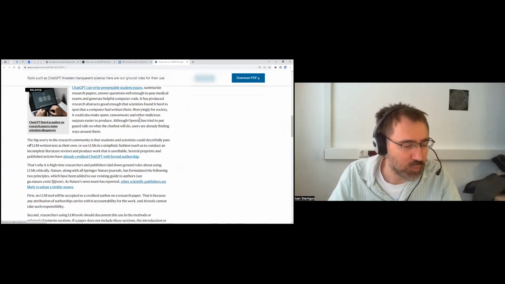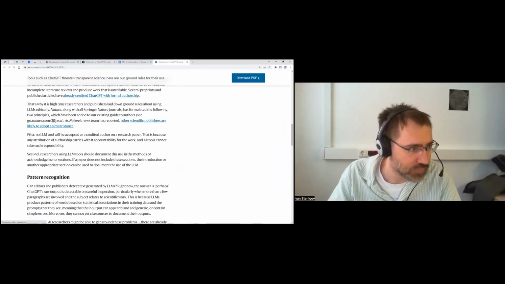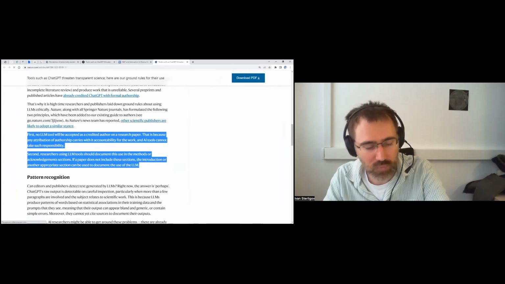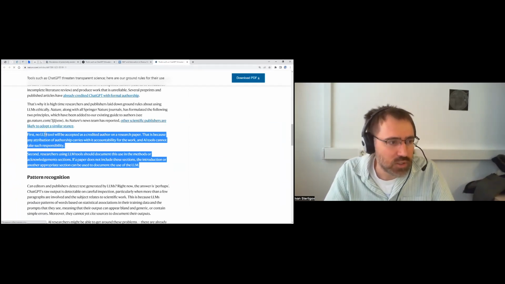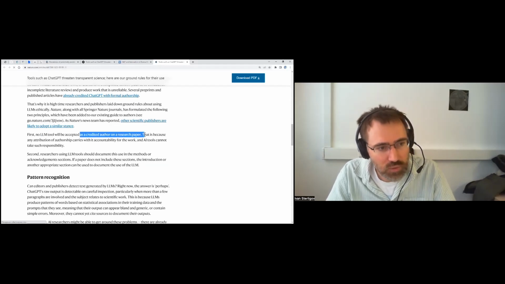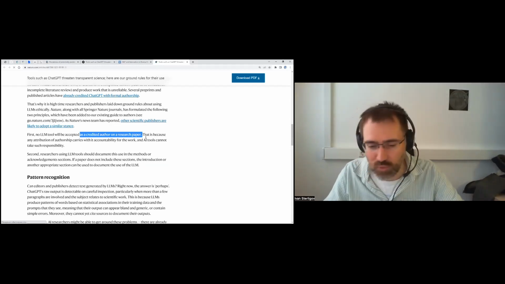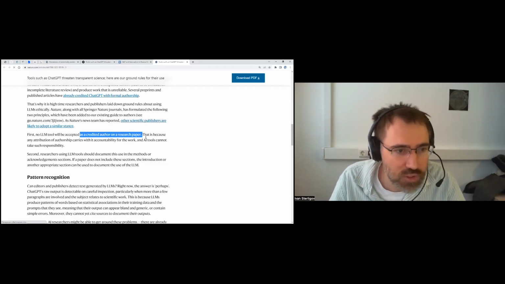This is their opinion paper, an editorial on this issue, and these are their rules. They are already enacted. No LLM, large language model tool, will be accepted as a credited author. So this means that Mr. ChatGPT and his Google Scholar profile will probably lack papers in Nature.